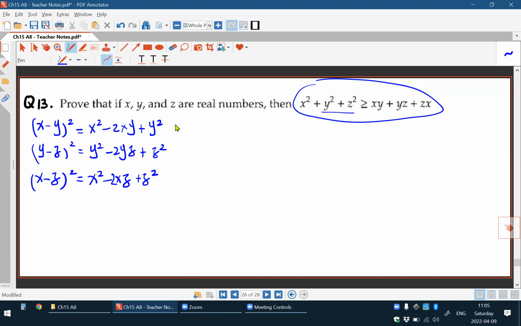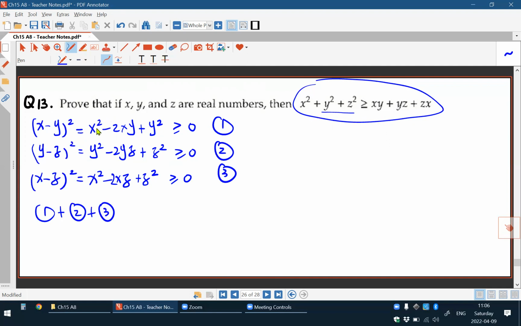Okay, so note here something: x minus y is a real number, right? A real number squared is always greater than or equal to 0, right? This one is also greater than or equal to 0. This one is also greater than or equal to 0, right? So how about we just add 1, 2, and 3. The left side is always equal to or greater than the right side, right?